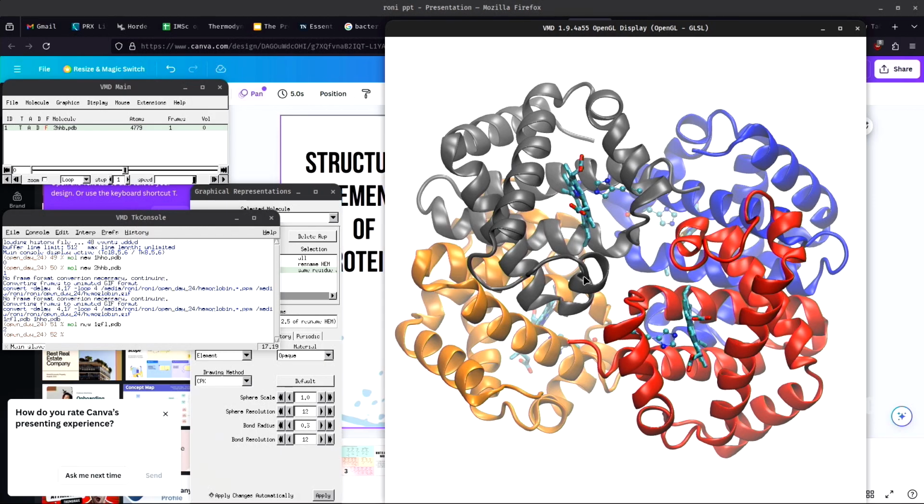This coloring is based on hemoglobin subunits, doesn't matter. This thing is the part where the iron, the heme in the hemoglobin sits, and this is where the oxygen will come and bind. So this is the hemoglobin protein, which is very important for life.